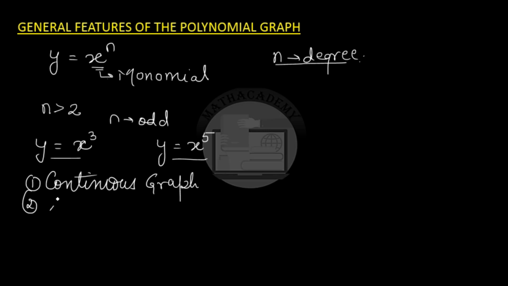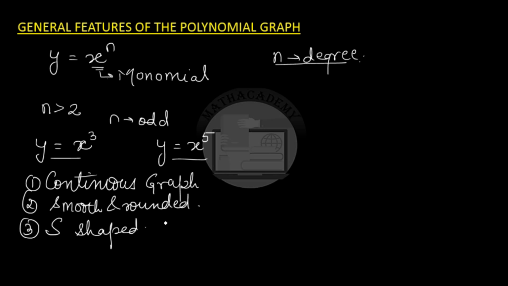It is smooth and rounded. And the third property is that it is S-shaped. In the simplest form, it touches the x-axis at 0, 0. Correct?